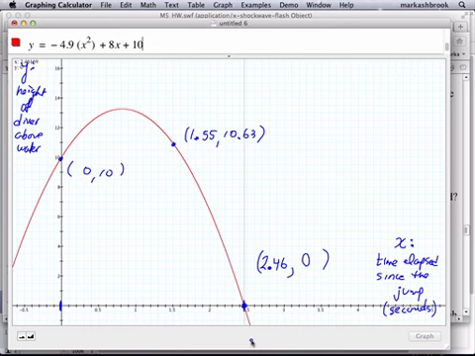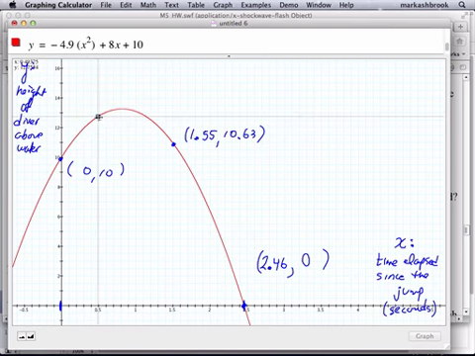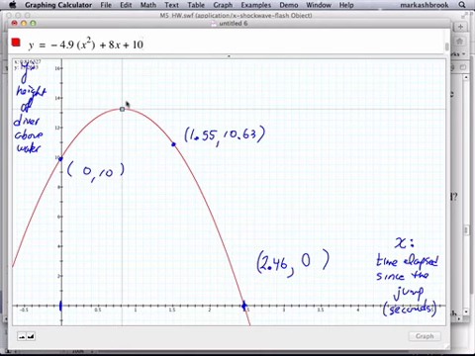Okay, what about the time it takes from the jump to reaching the maximum height? The maximum height is the highest y value. Again, do second calc and then maximum. Again, it's going to ask you to go to the left of the point, hit enter. It's going to ask you to go right of the point, hit enter.